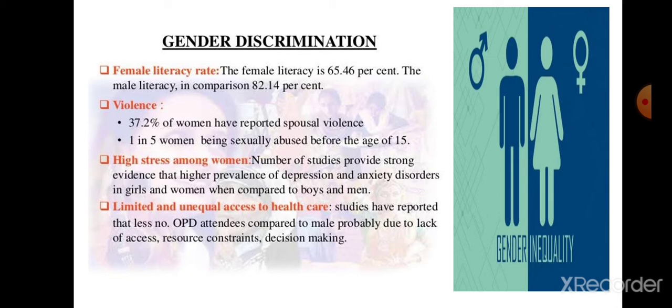Regarding violence against females, 37.2% of women have reported spousal violence. So they are ill-treated in the house, harassed by the husbands and by other people in the houses. 1 in 5 women is sexually abused before the age of 15.